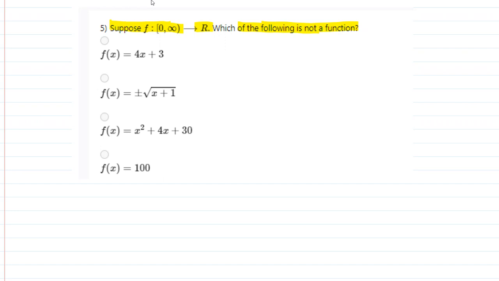It is not a function when for one value of x, it gives two values of f(x), let's say f(x1) and f(x2).